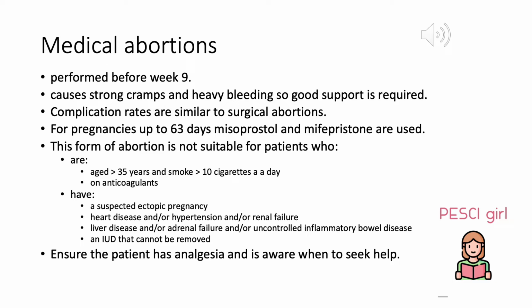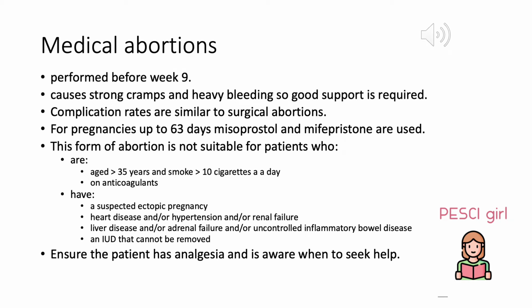The second dose, 800 microgram misoprostol, is taken at home 24 to 48 hours later. If gestation is less than 49 days, 400 microgram misoprostol is adequate. The abortion starts 4 to 5 hours after the second dose and may take 1 to 2 days to complete.